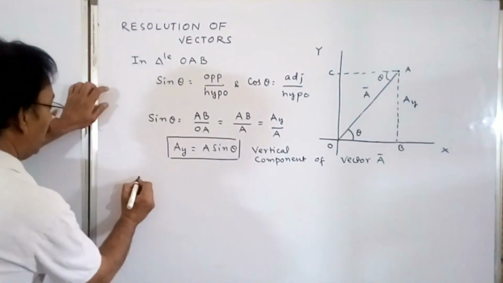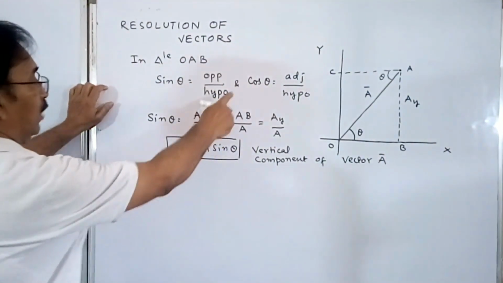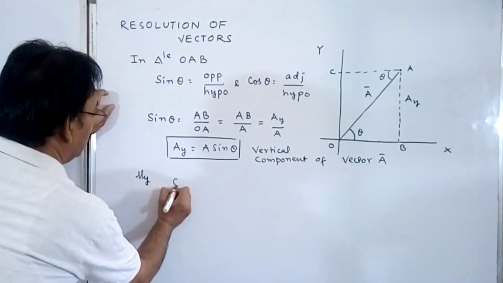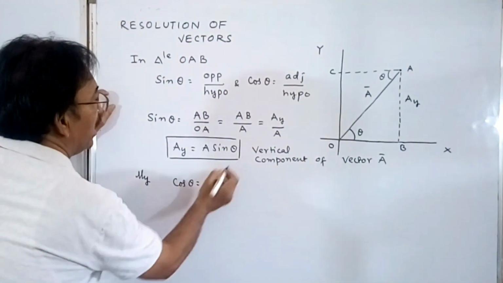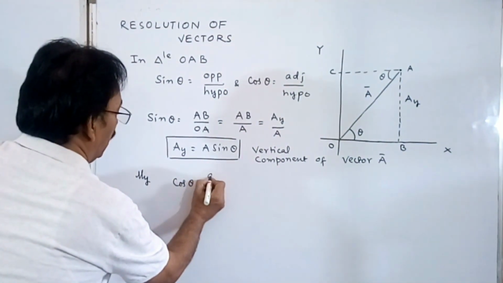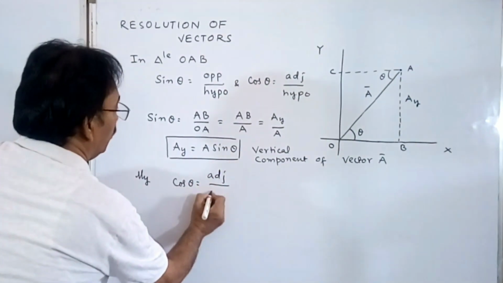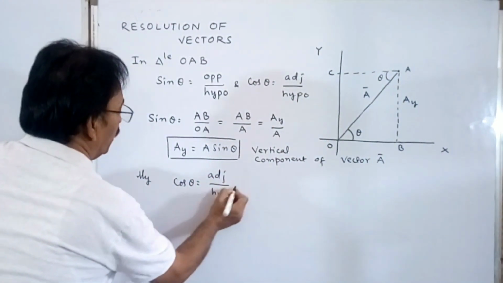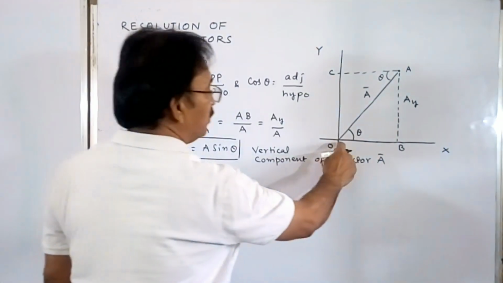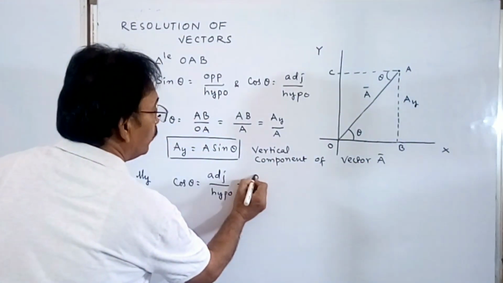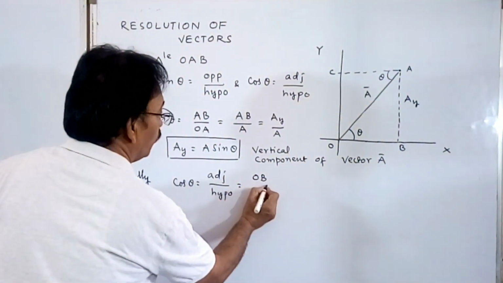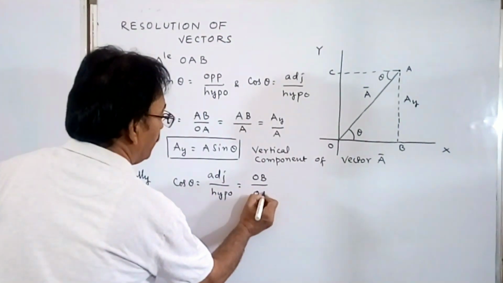Similarly, cos theta can be written as what I wrote there, adjacent by hypotenuse. If you see the triangle, the adjacent is OB by OA.